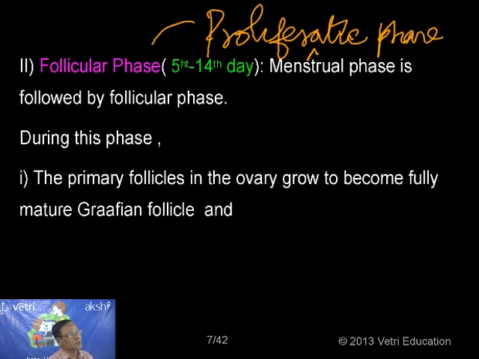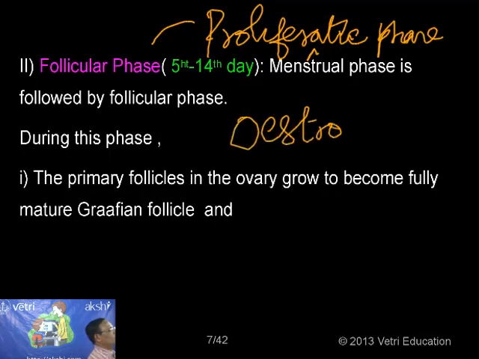And once the follicles are developing, what will happen? The follicle cells release a large amount of estrogen hormone. So the predominant ovarian hormone during the follicular phase is estrogen, the major hormone, which is found steadily increasing.